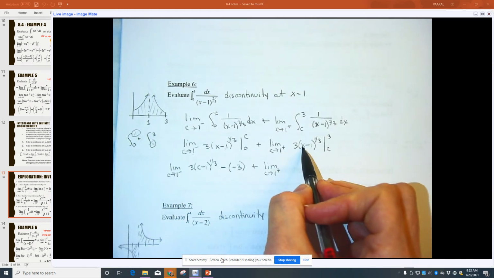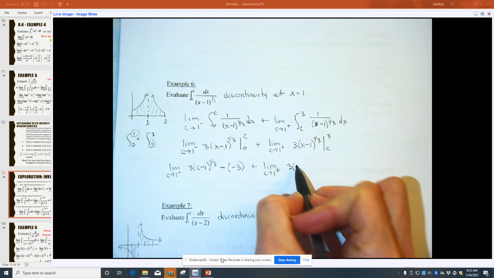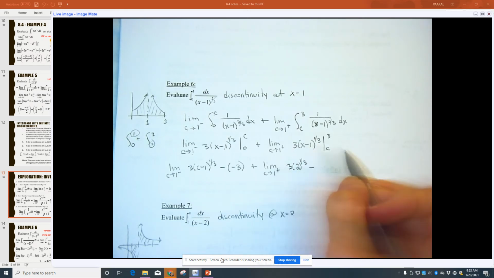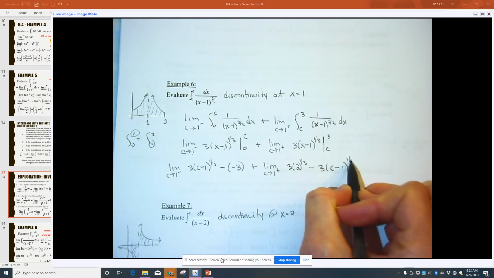If I plug in 3 here, I'm going to get 3 minus 1, which is 2, so I'm going to have 3 times 2 to the 1/3 minus, substituting in c, 3 times c minus 1 to the 1/3.